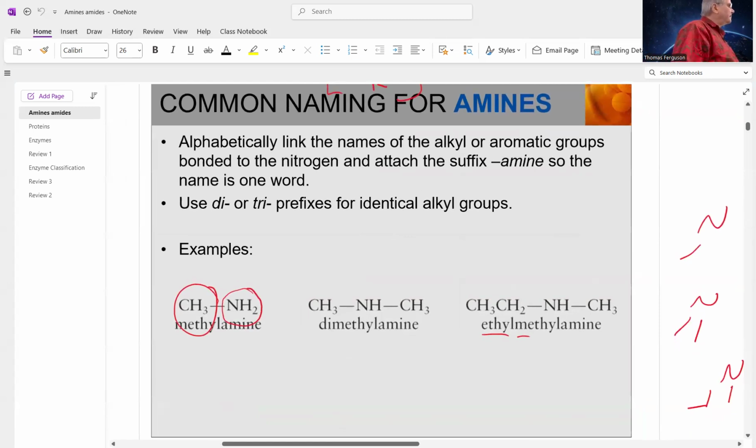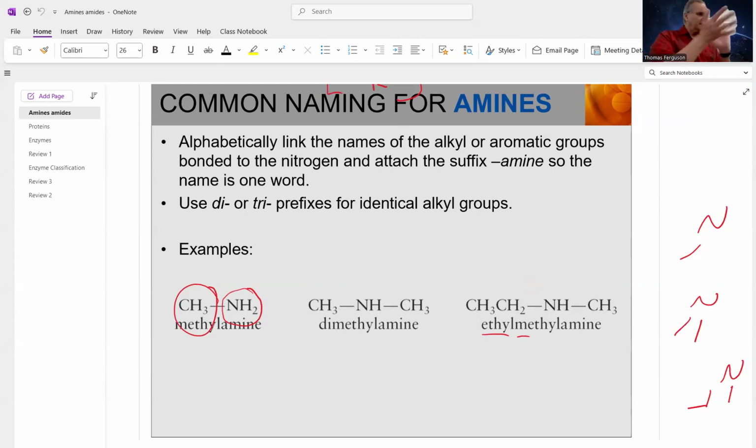There are two ways, like always, two ways to name our chemicals. There's the common name, and then there's the IUPAC. A lot of times we use the common names more, and it depends on what you're looking at. Are you looking at a technical paper put out by the American Chemical Society, or are you reading something on TikTok or something like that?